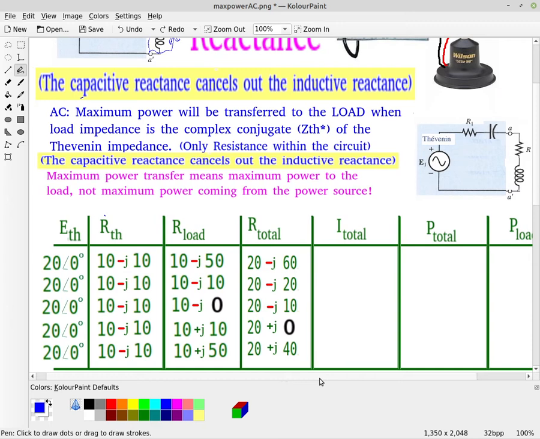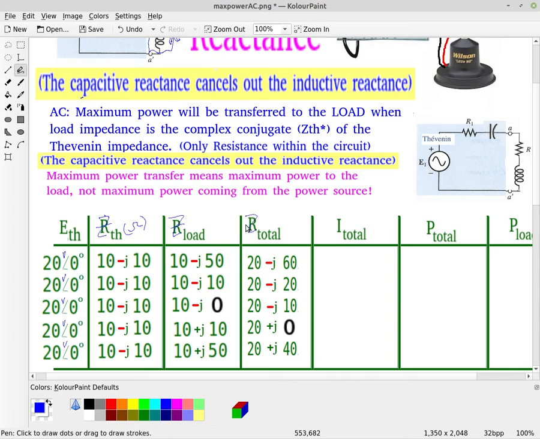Here we have an AC voltage source of 20 volts with an angle of 0 degrees. And then, actually this was R Thevenin, these should be Z's now.